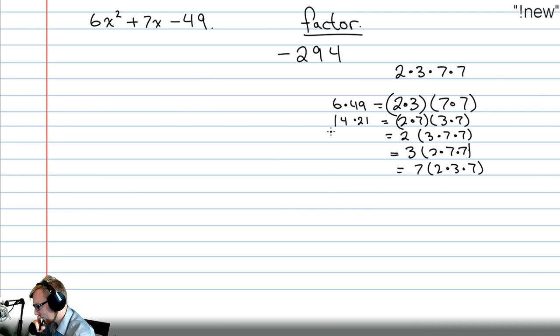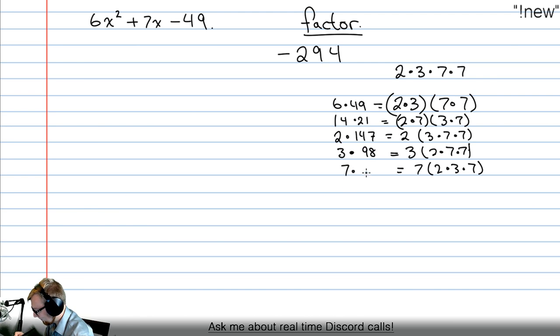You get 49 times 3, which is what, 147? 49 times 3. Yeah, 147. You get 49 times 2, that is 3 times 98.